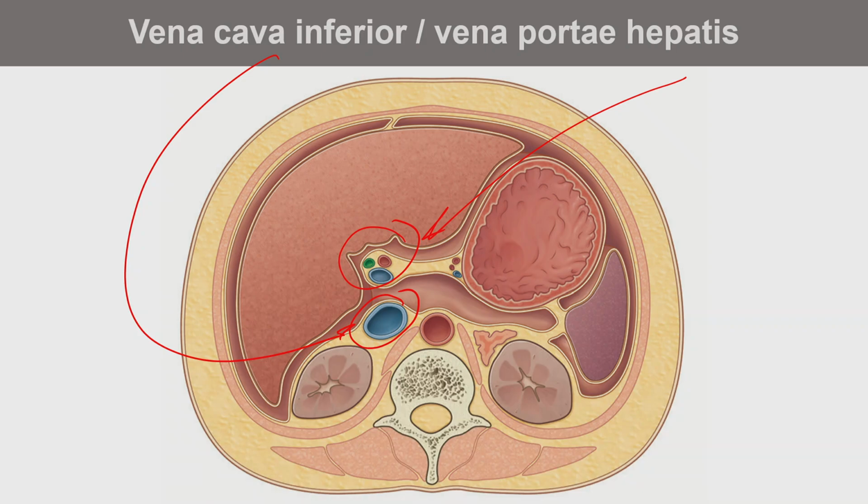In this image we have virtually dilated the spaces of the peritoneal cavity, but in reality they are close together. They are lying one on the other, so typically there is no space. They are very close, the inferior vena cava and the portal vein. But the portal vein is localized ventrally from the anterior aspect of the inferior vena cava.